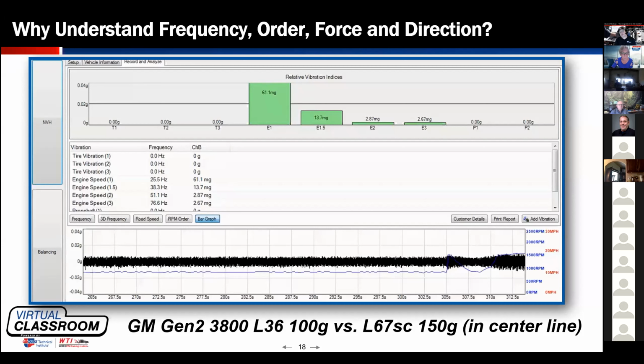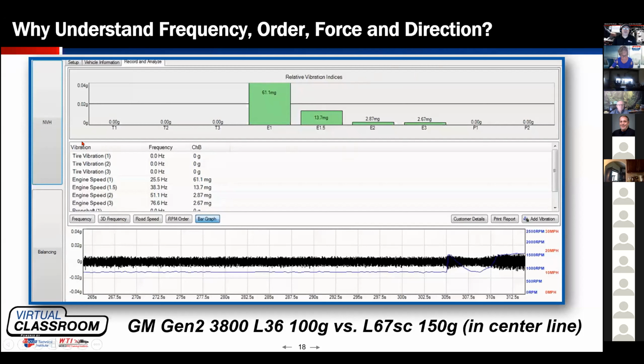Now, in this case, I'm doing what we call a vector summing. So what I've done is I've taken the direction out of the equation, and I've just asked my software, hey, you know what? It's got an engine vibration. I don't really care which direction it is. I just want to see the vectored sum of the vibrations themselves.